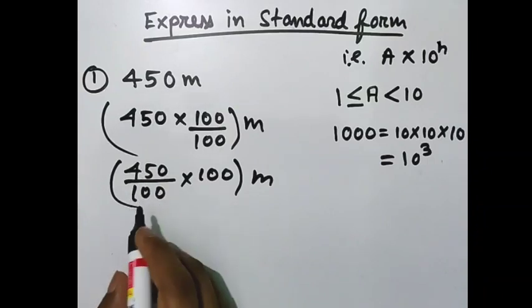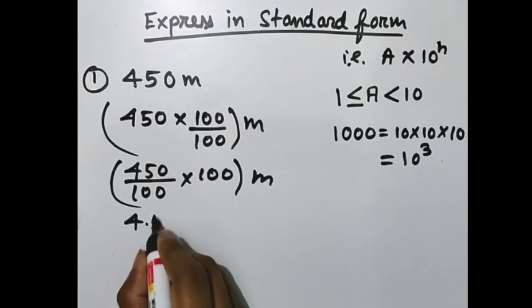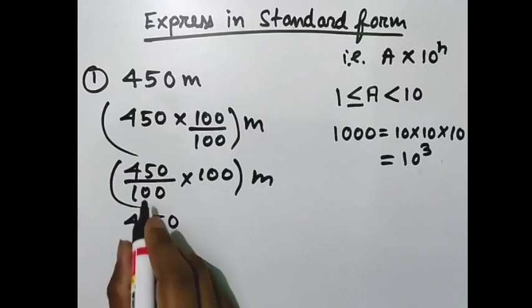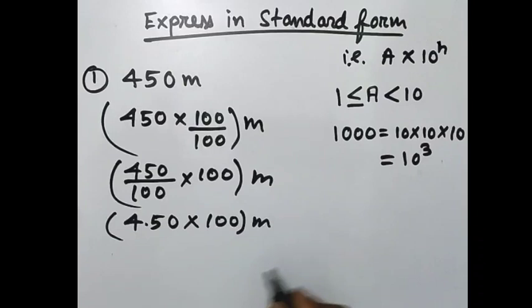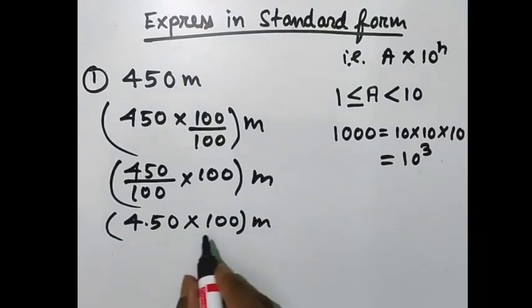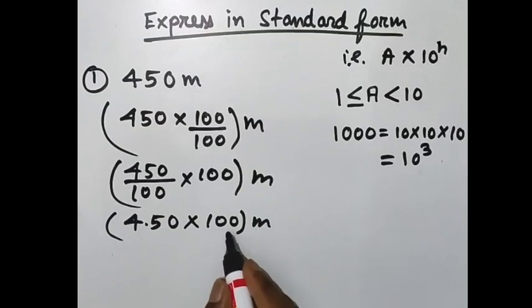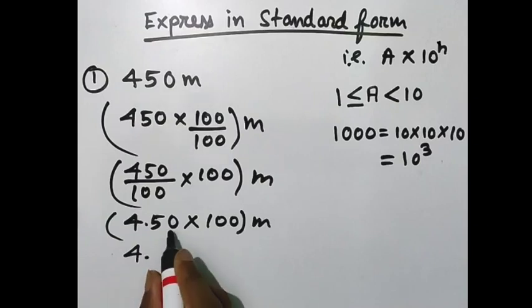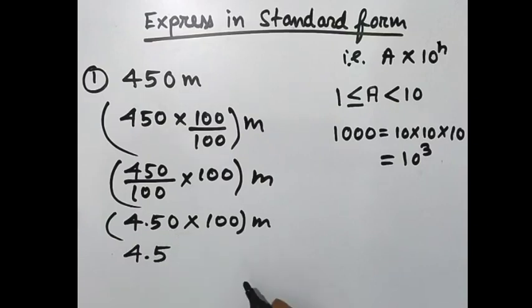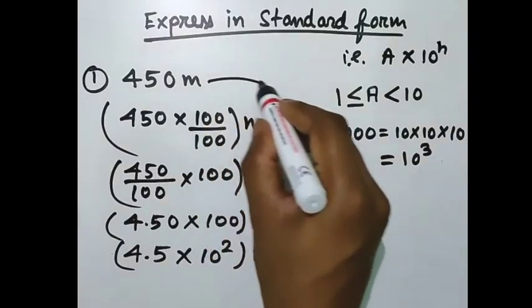That's why we divide it by 100. So 4.50 it will become, multiplied by 100 meter. So 100 can be expressed in the form of power, that is 10 times 10, that is 10 to the power 2, and 4.50, the 0 has no value, we can write it as 4.5 times 10 to the power 2 meter. So we have expressed 450 meter in standard form.